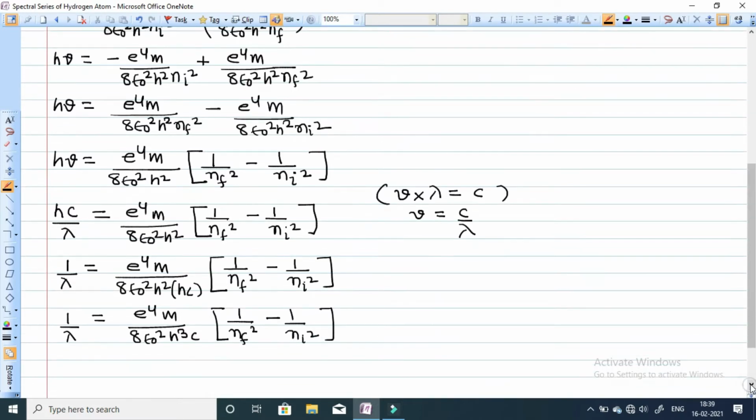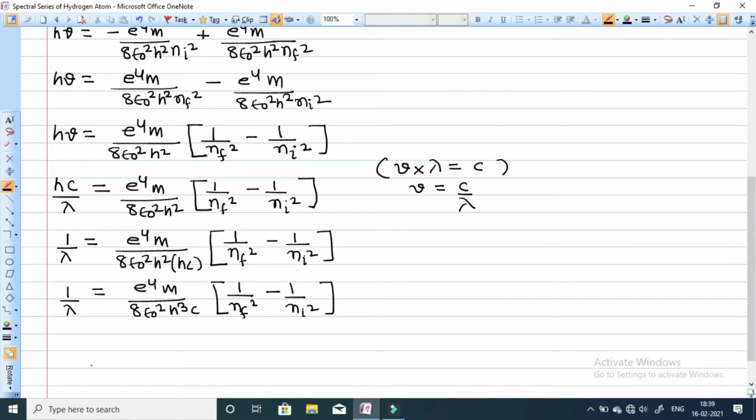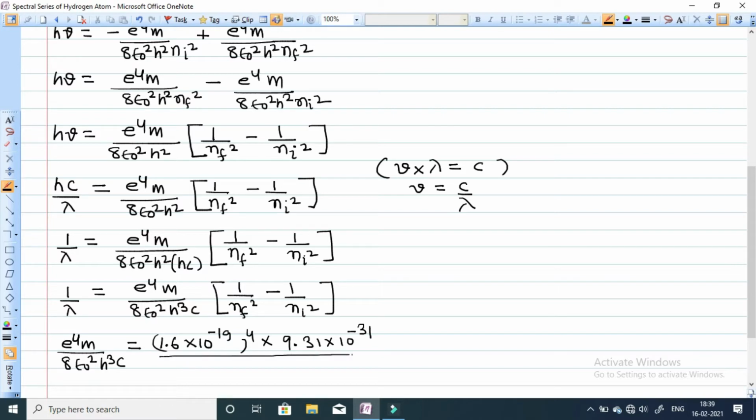Now this term which is outside this bracket, e to the power 4 into m divided by 8 into epsilon naught square into h cube into c, is a constant. This whole term is a constant. e is representing the charge on electron, that is 1.6 into 10 to the power minus 19 coulomb, to the power 4, multiplied with mass of electron. Mass of electron is again a constant, 9.31 into 10 to the power minus 31 kg, upon, I'm just leaving the units, I'm only putting the values in SI system.